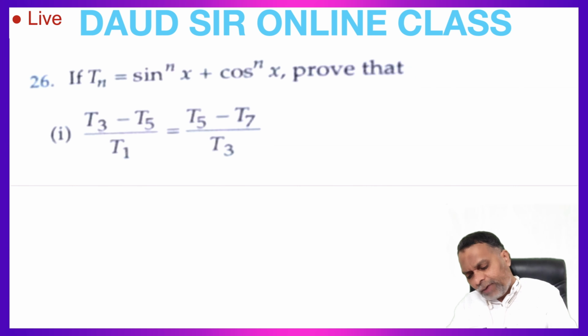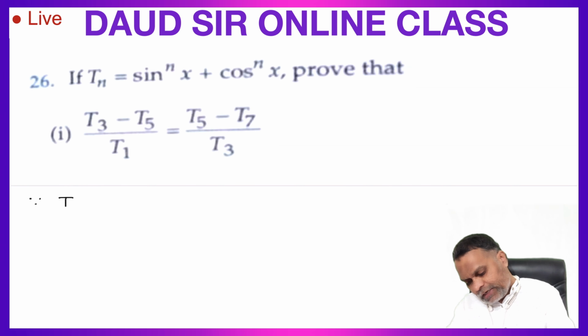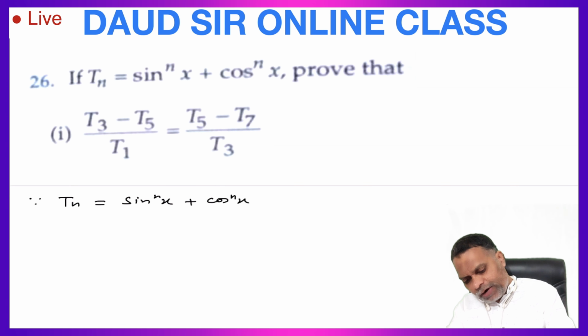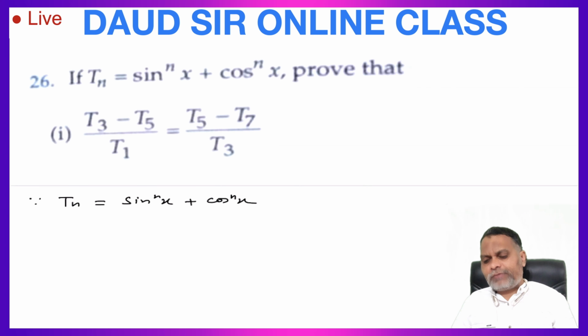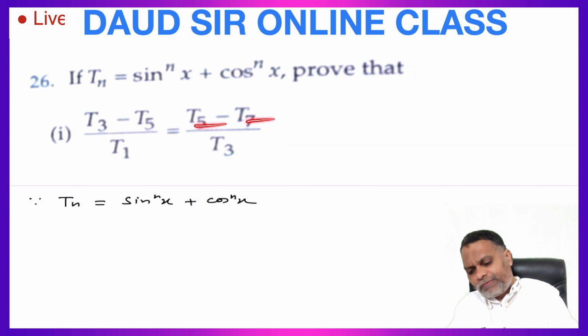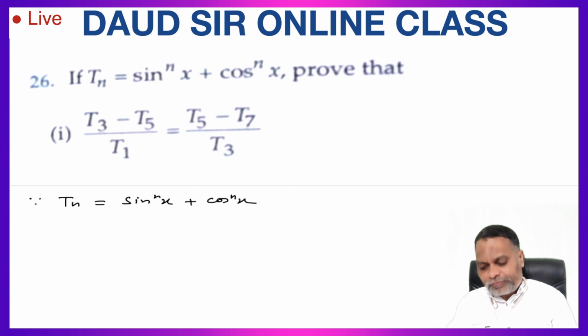So the value of Tn is given. Since Tn is equal to sin raised to the power nx plus cos raised to the power nx, from here we can calculate any term: T3, T5, T5, T7, T1, T3.